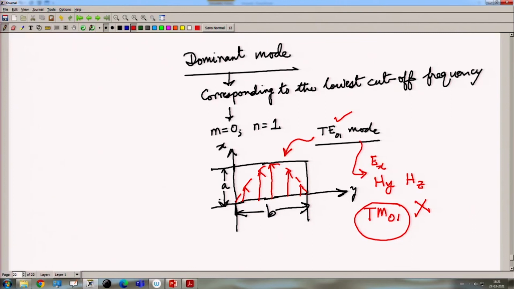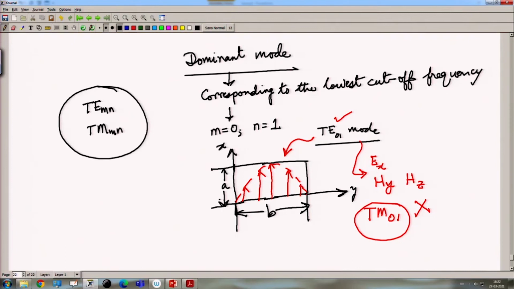That is fortunate for us, because had it existed, its field components would have been very different from the TE01 mode, because the fields of the TEmn mode are very different from the fields of the TMmn mode. But it must be remembered that the TEmn mode is degenerate with the TMmn mode.